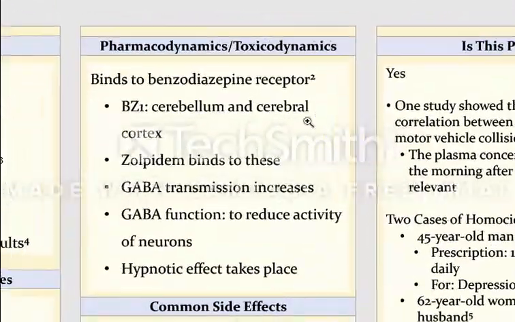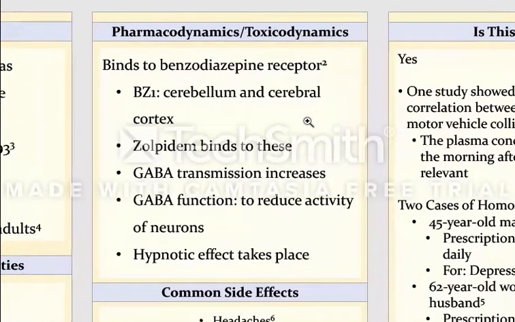So moving on to the pharmacodynamics and the toxicodynamics, there are three different types of benzodiazepine receptors. And these are BZ1, BZ2, and BZ3. BZ1 are found in the cerebellum and the cerebral cortex. BZ2 are found in the spinal cord and the cerebral cortex, and the BZ3 are found in the peripheral tissues.